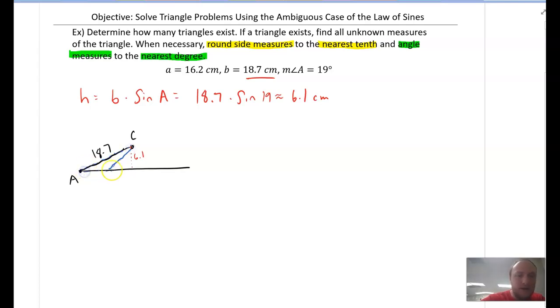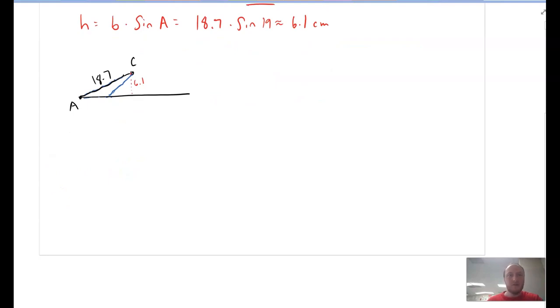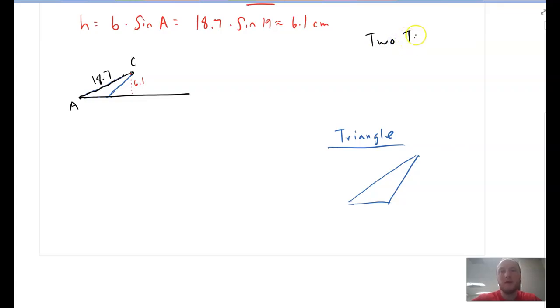What I hope you see is one triangle right here, and I'll put that down here. We have this triangle over here, and it looks something like this. Then, if 16.2 fits in between here, I hope you know that this is two triangles. Two triangles exist.